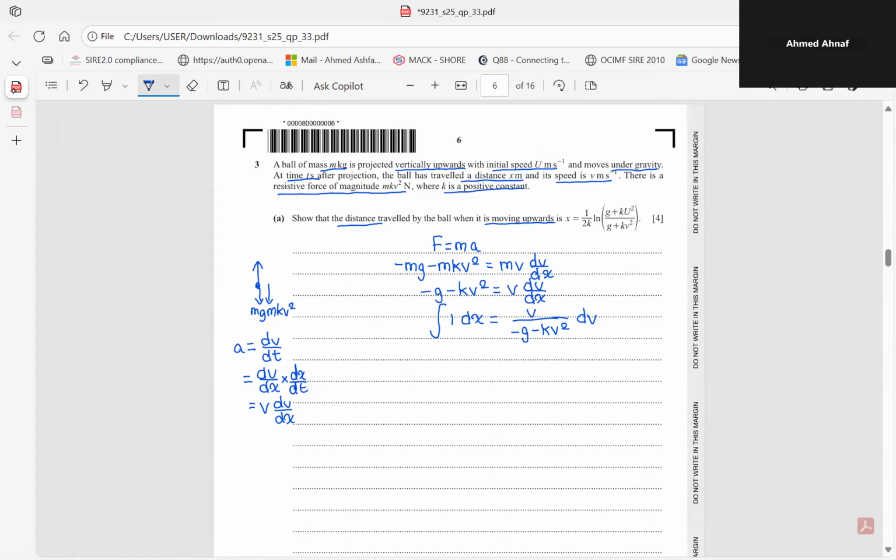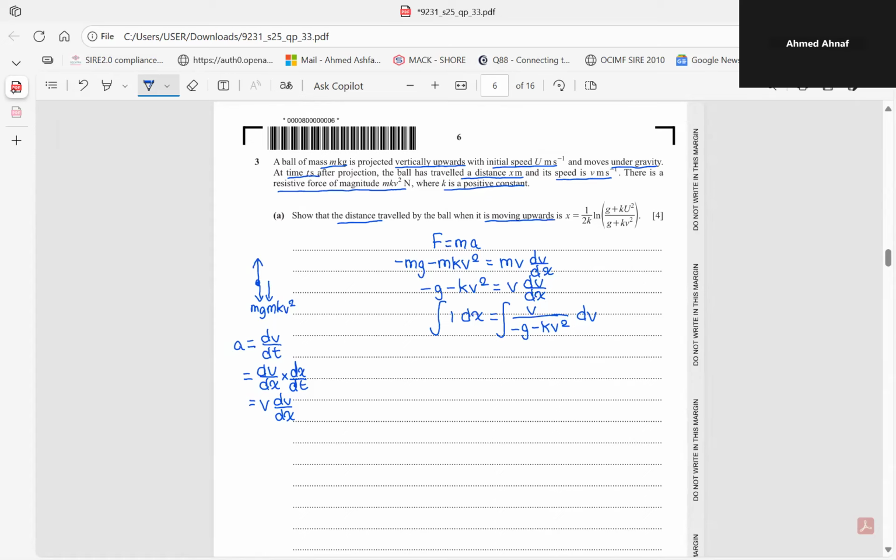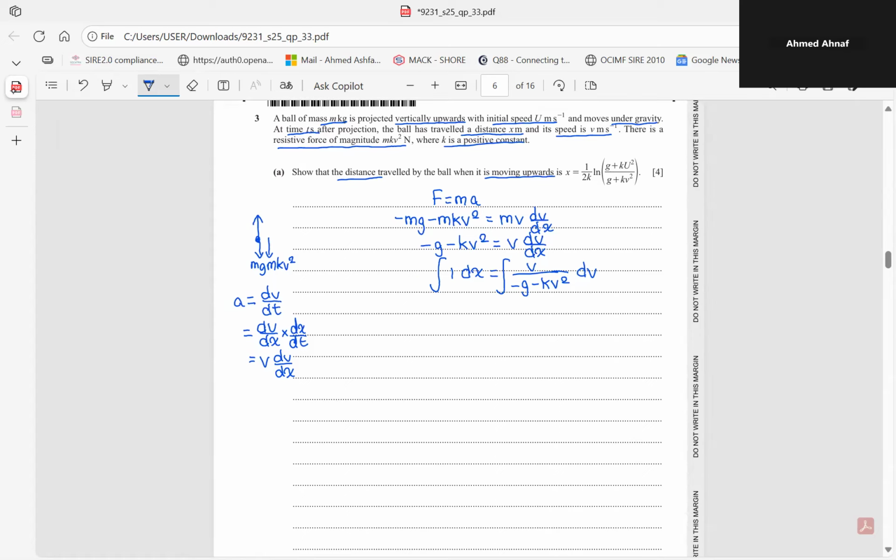So we integrate these with respect to each other. Okay, so integrating 1 dx, you will just get x, plus c equals to, okay, so for this type of function, like I said in my previous videos, check if the degree of the numerator is 1 less than that of the denominator.